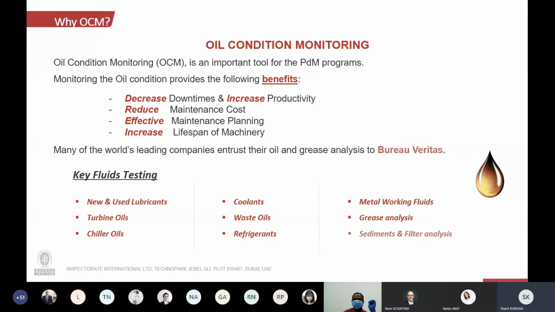You have a reduction in the maintenance cost, you have effective maintenance planning, and you have an increase in the lifespan of the machinery if this system is put in place properly. And as we said before, BV can help you in putting such a system in place to set up an OCM program which is effective to you to actually have all the benefits we talked about now.